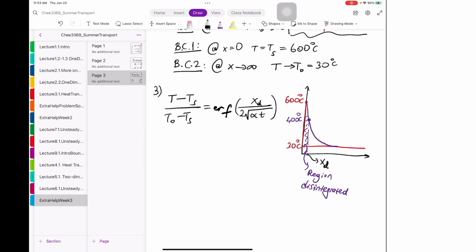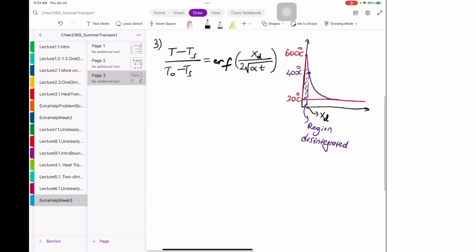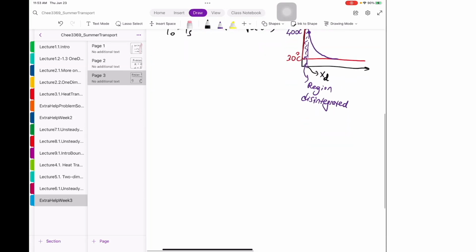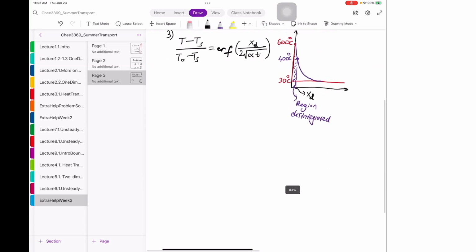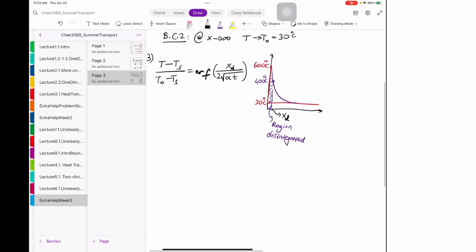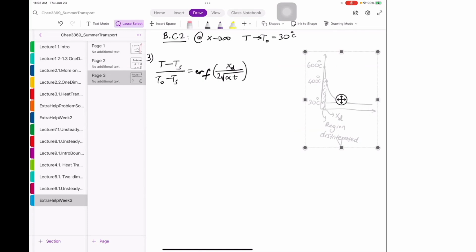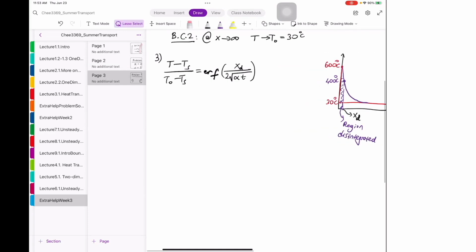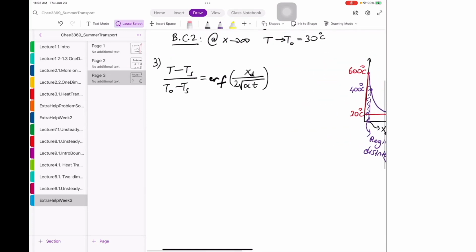Let's call it xd. We're going to find it. T is 400.